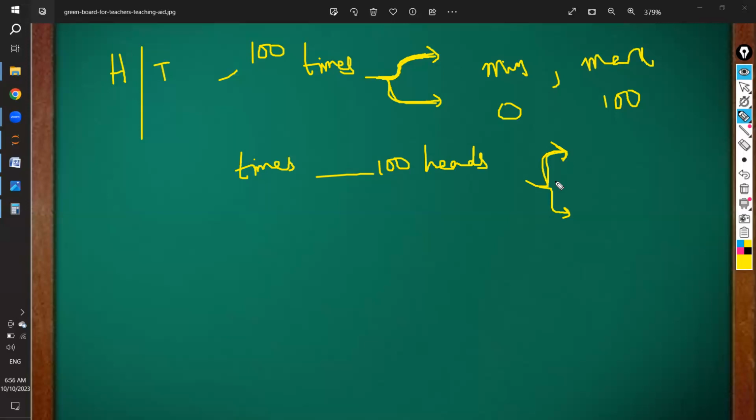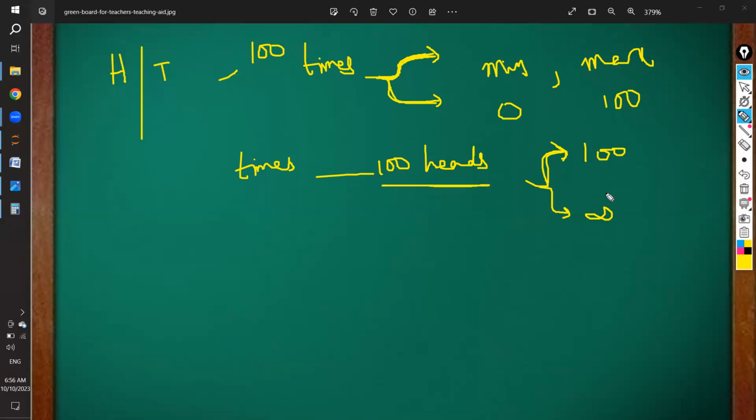Sometimes it is not even possible. The minimum is 100, correct, Meghana. With 0 flips, how can you get 100 hits?